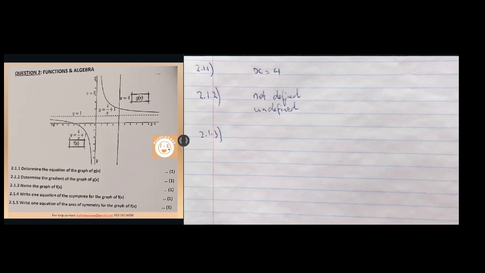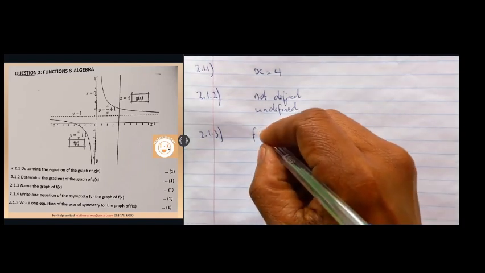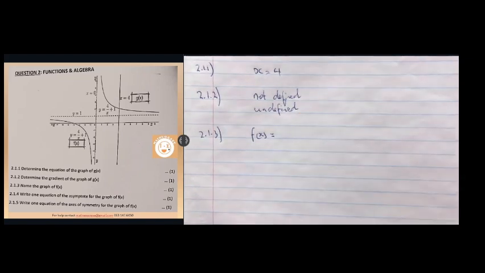Then they say, name the graph of f of x. So f of x is what? Is this one. Right. Now, technicalities there. What are you going to say? Are you going to say f of x = 4 over x plus 1? Just be careful.